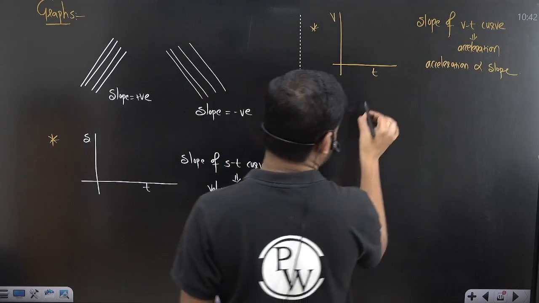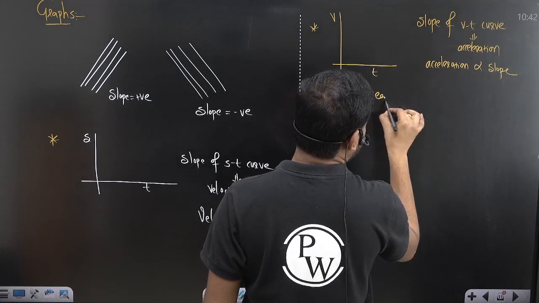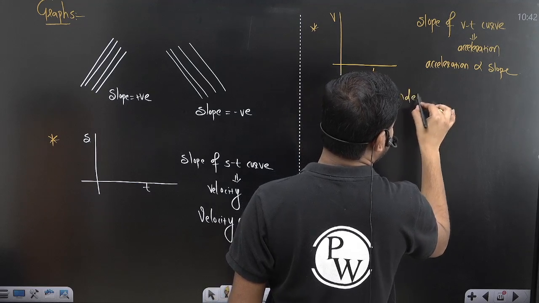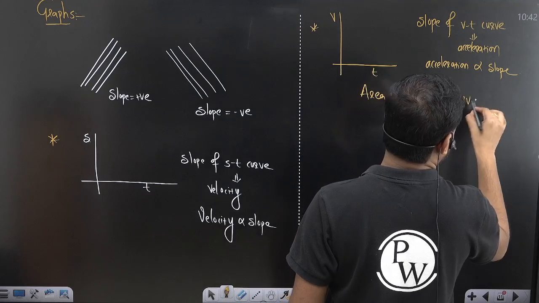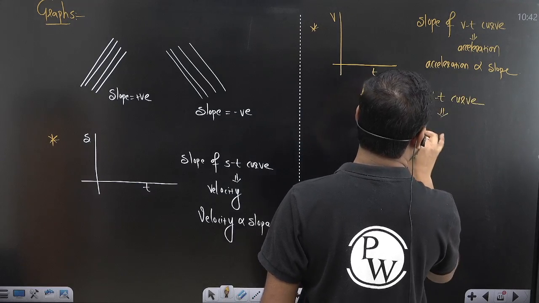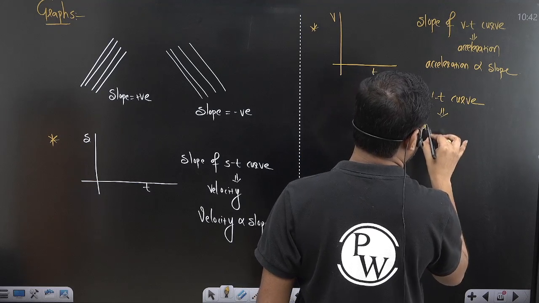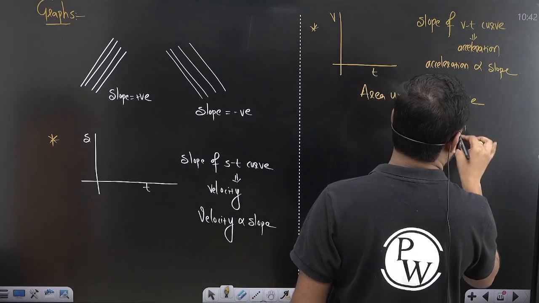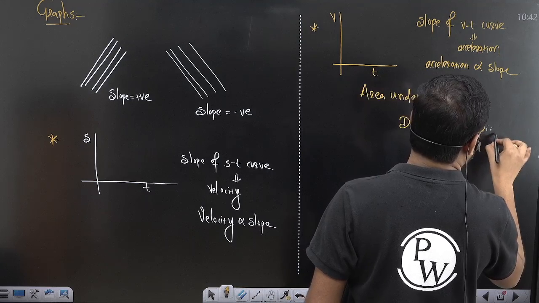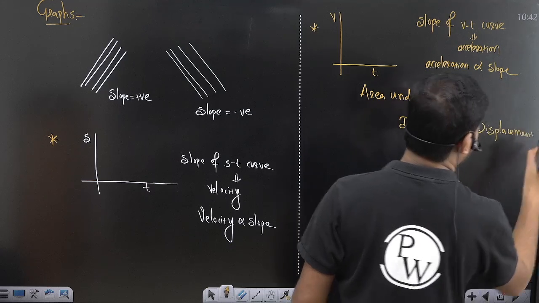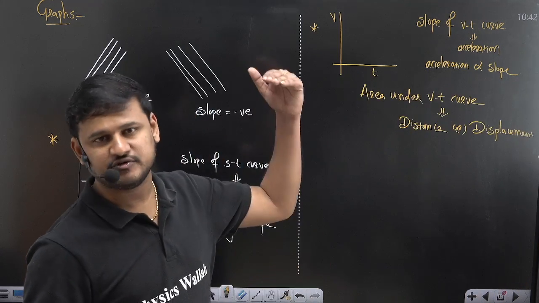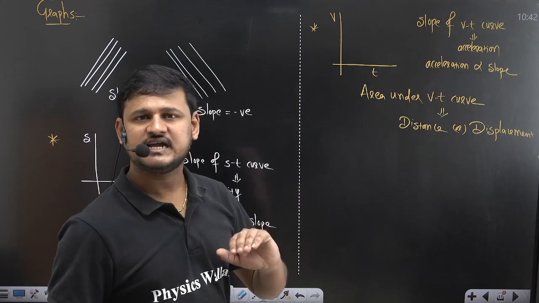And we also know that the area under the VT curve will result in the distance or displacement. If the given shape is above the x-axis, take it as positive area, and below, take it as negative.